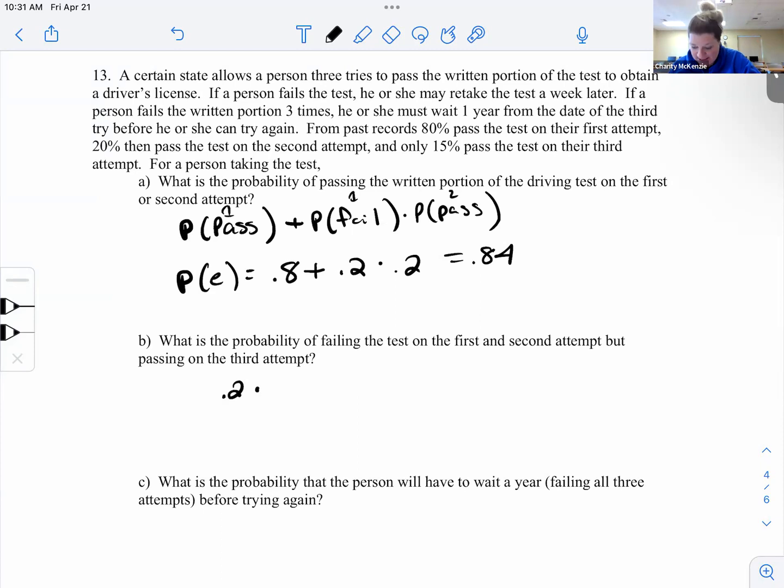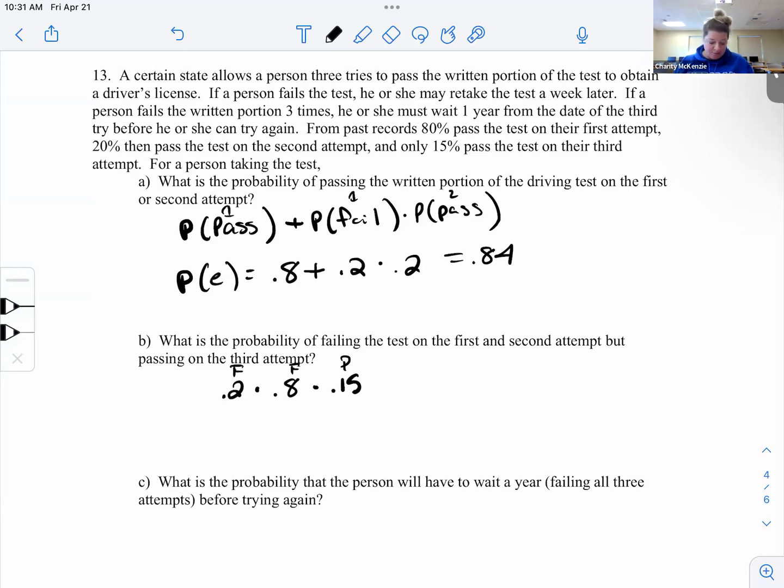Well, passing's 20%, so 80% chance you'll fail the second attempt. And then you're going to pass the third one. So that's the 3 together: fail, fail, pass. Oh, that does not look very good, people. Pass your test the first time.